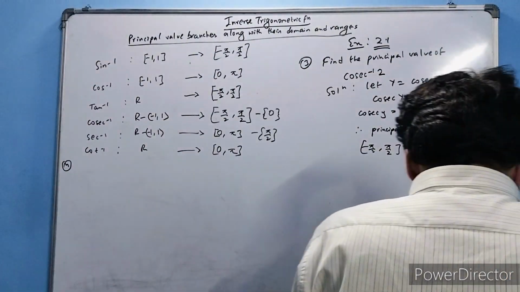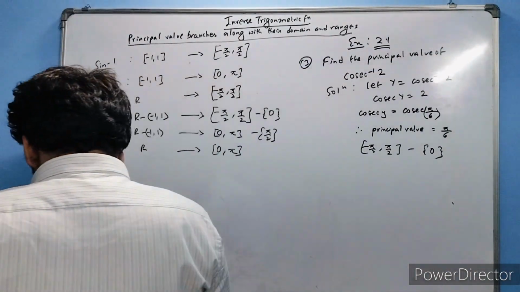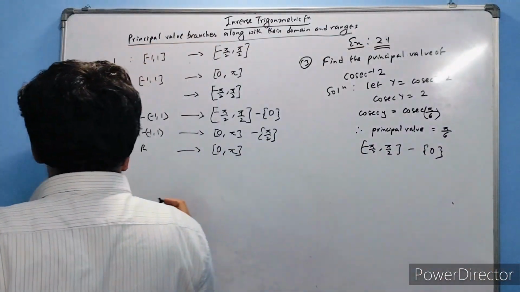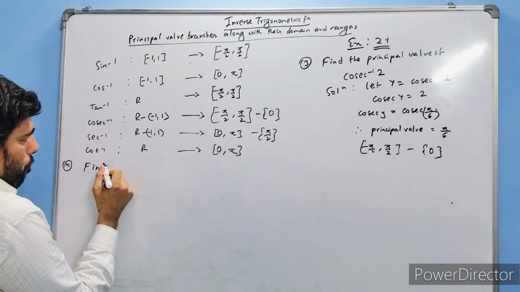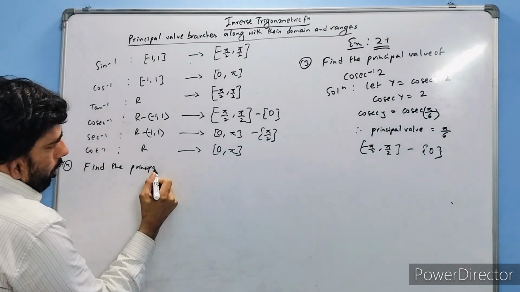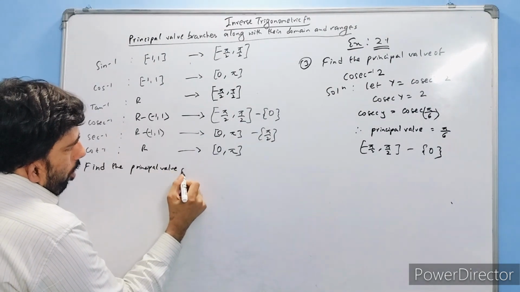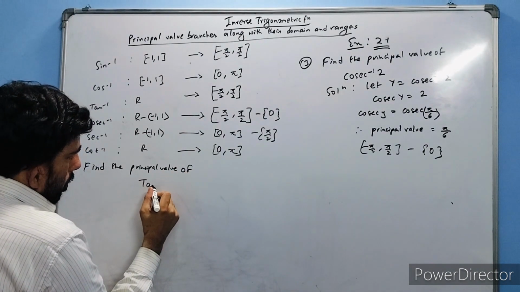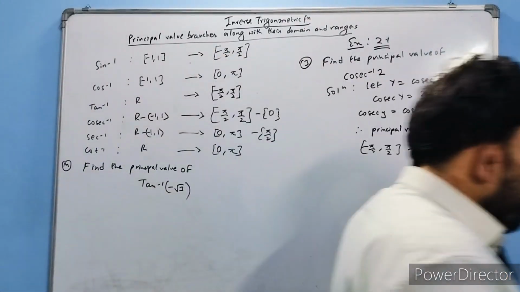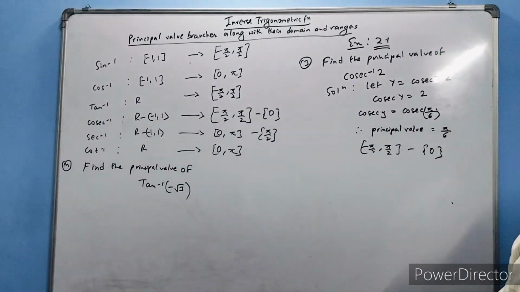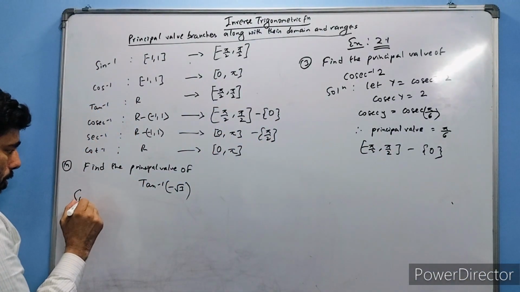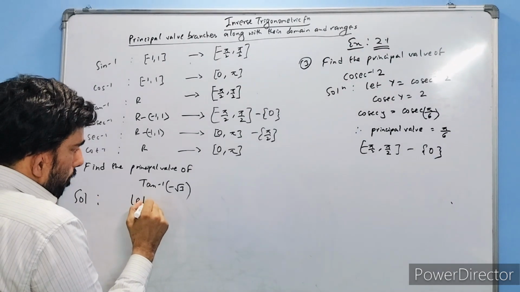Now the fourth question is, find the principal value of tan inverse minus root 3. We have tan inverse minus root 3. Let us try to solve.